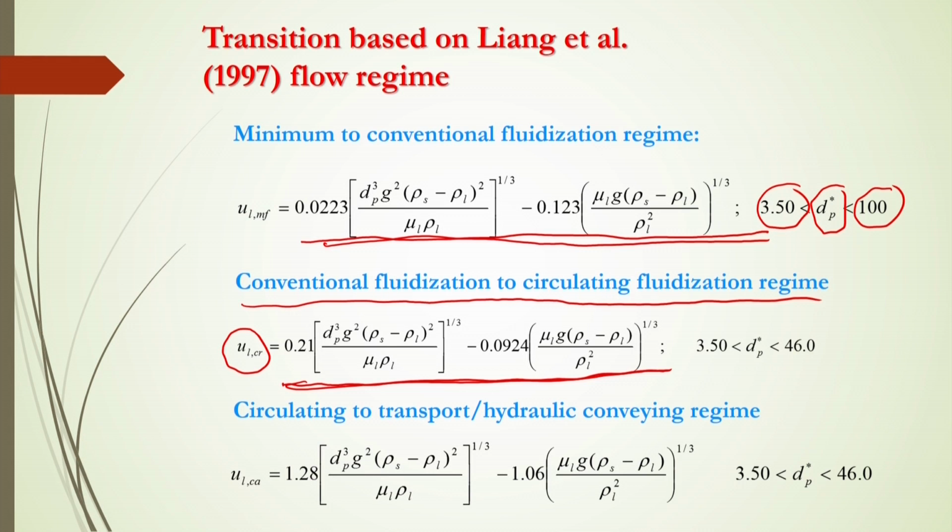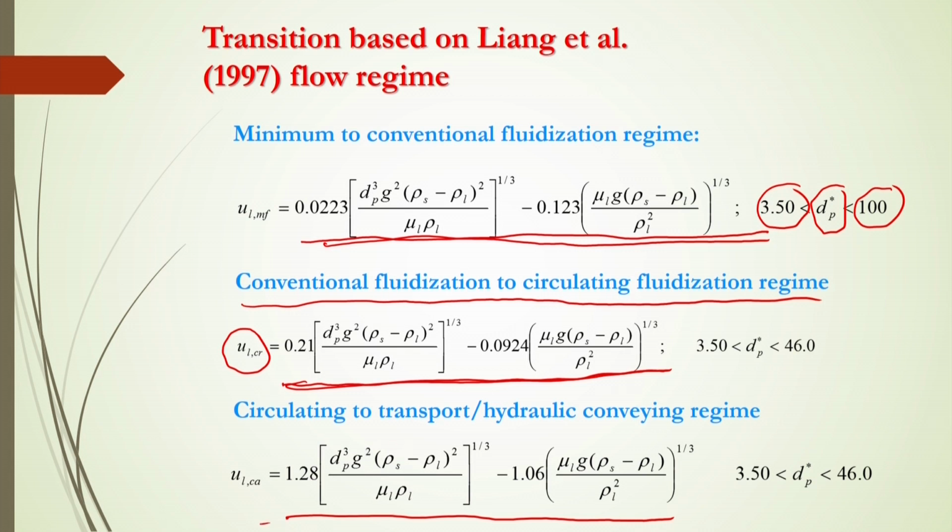And then how to get the transport fluidization regime, or transport or hydraulic conveying regime, for this liquid-solid slurry system in the fluidized bed. Here also one correlation is developed, given by Liang et al. 1997, so that you can get the hydraulic conveying regime just by this criteria.